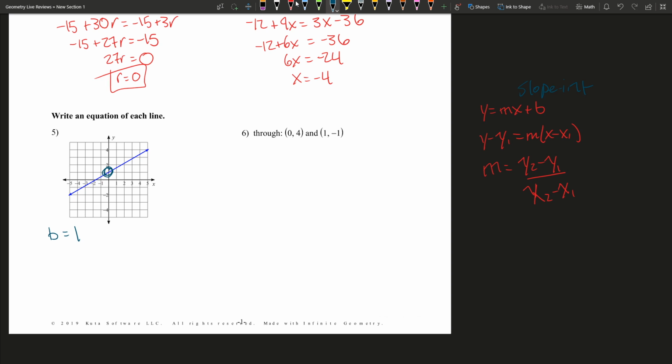And then our slope is up 1, 2, 3, and then over 5. So m in this case is 3/5. So because b is 1 and m is equal to 3/5, our equation will be y is equal to 3/5 x plus 1.